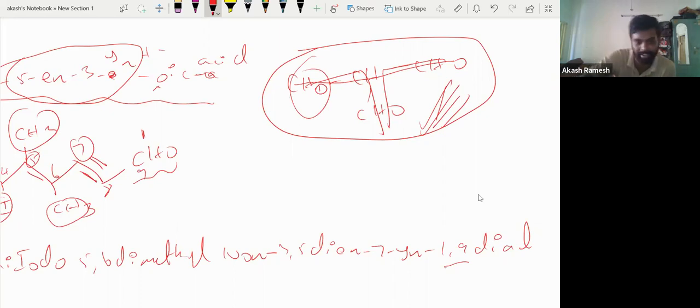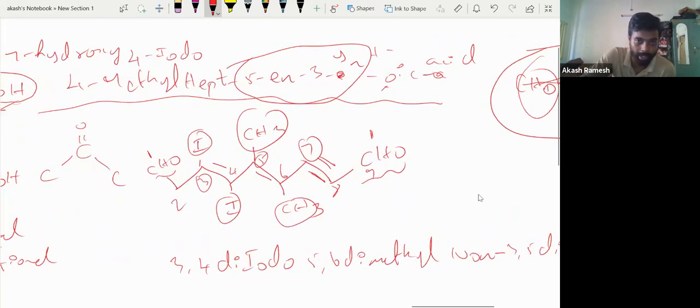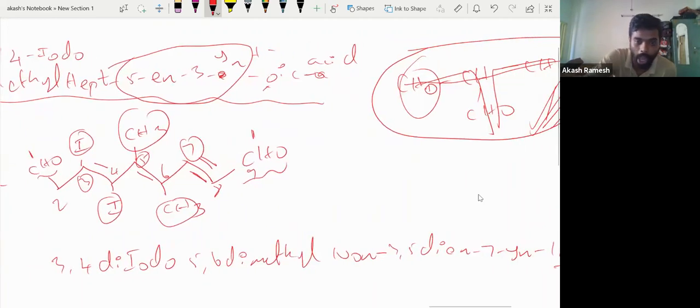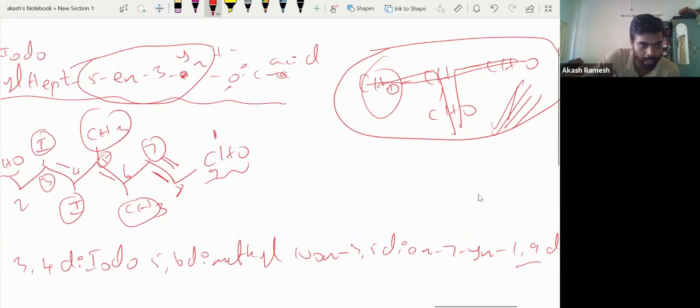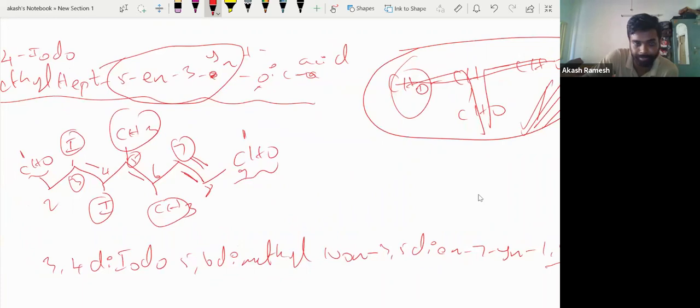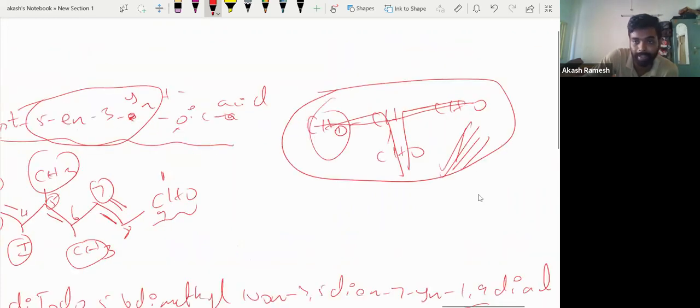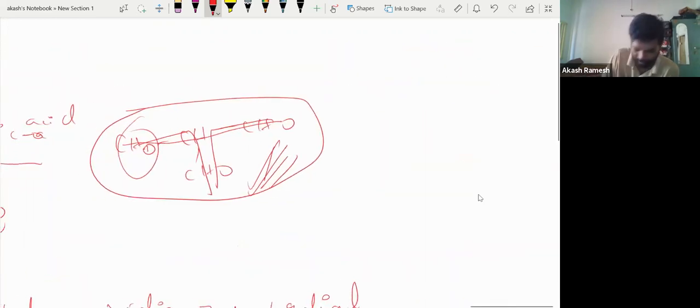Okay, right. Anyways, I hope everybody is following. Everybody is able to get the answer of how this is the name of this particular compound which I wrote here. Okay, right? Fine. Another example.